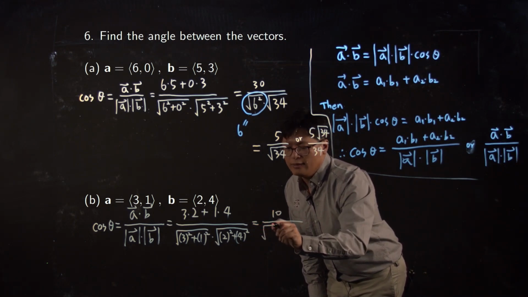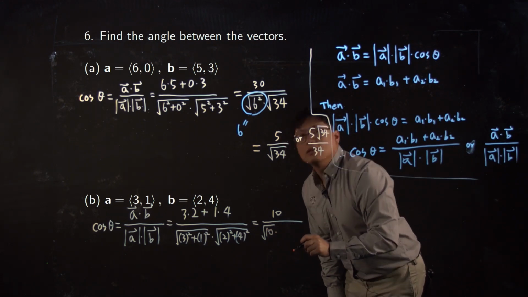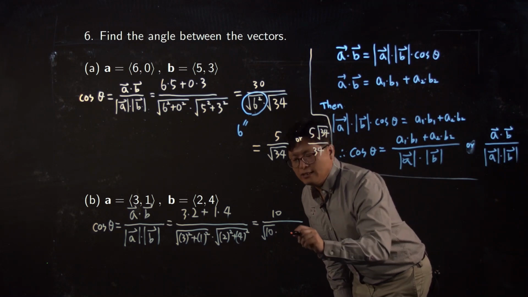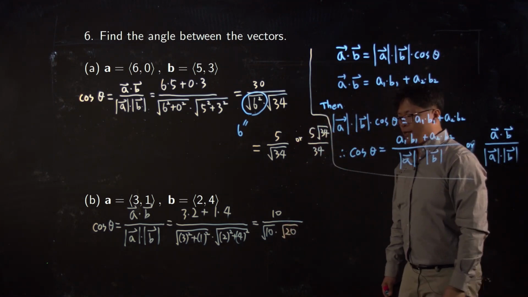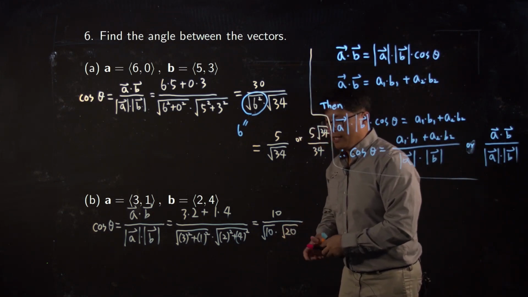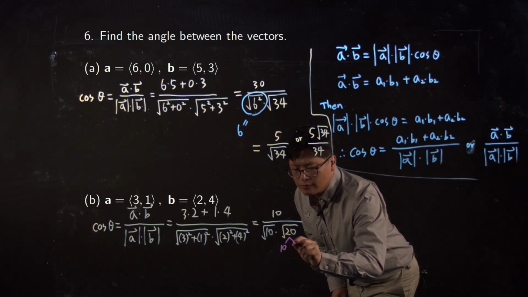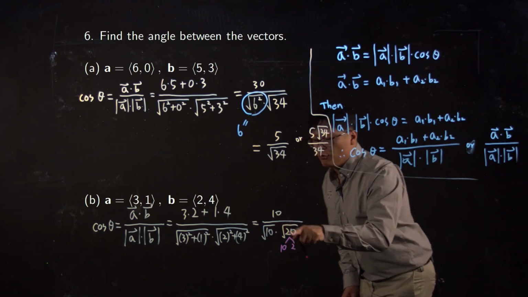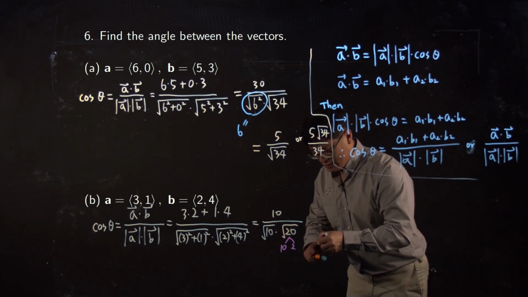square root of 10. And what about the second one? 4 and 16, 20, okay? Maybe we can simplify a little bit more. Look at that. This 20 is 10 times 2, right? Which means under the square root, we have one pair of 10, which means it can come out.